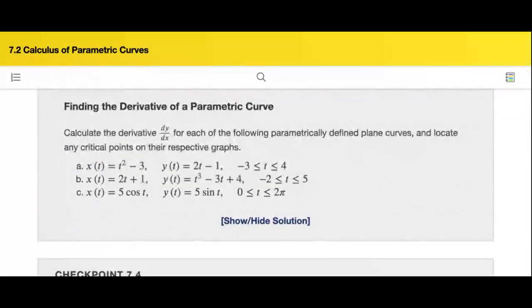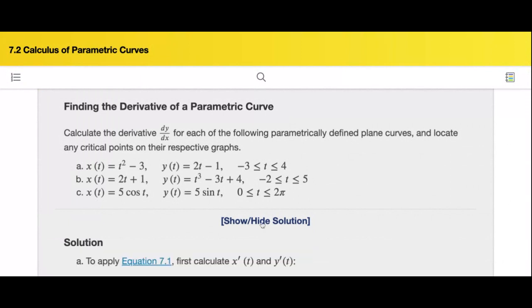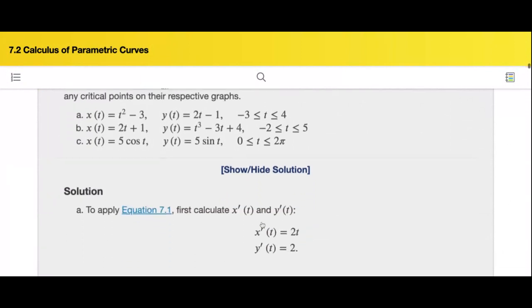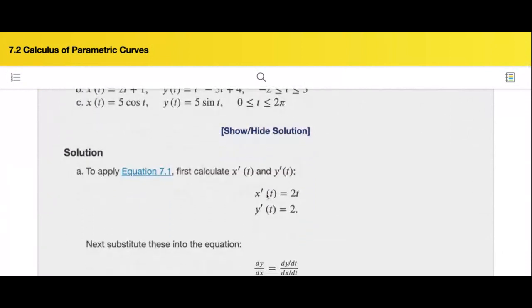Finding the derivative of a parametric curve. So x of t equals t squared minus 3, y of t equals 2t minus 1, t goes from -3 to 4. So we take the derivative with x in terms of t. Basically, you can think of dx/dt, or x prime of t, that equals 2t. y prime of t equals 2.